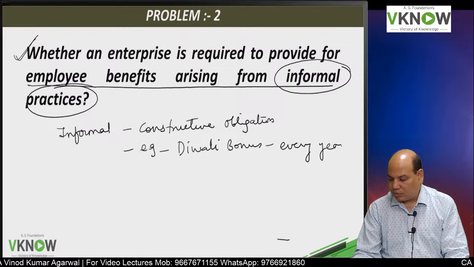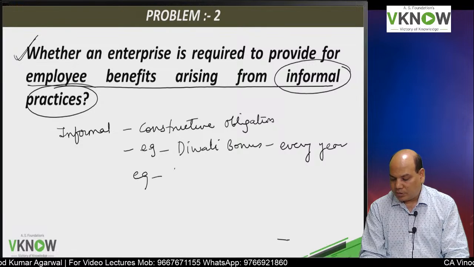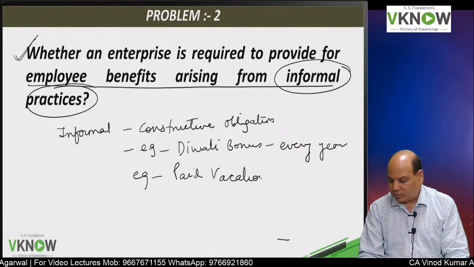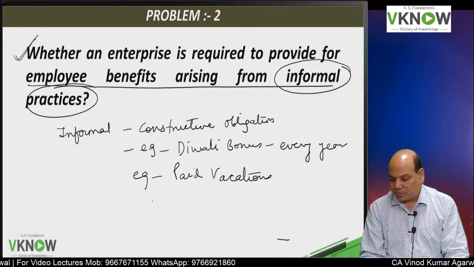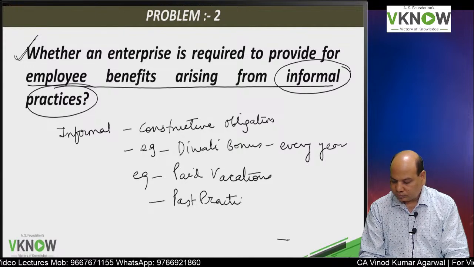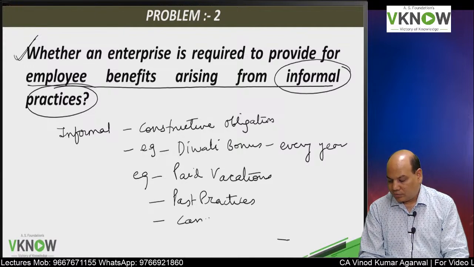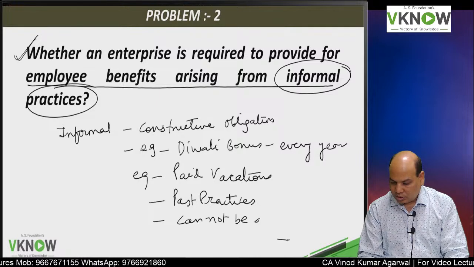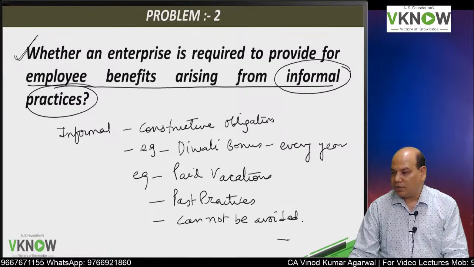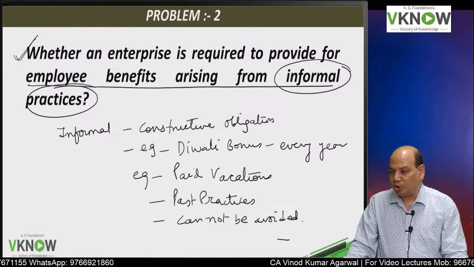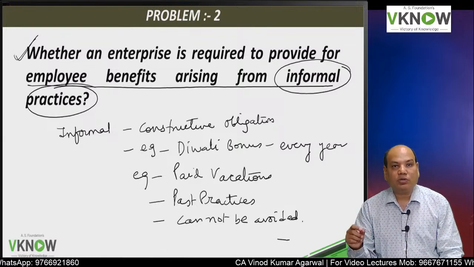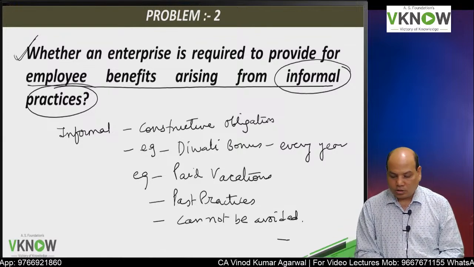It cannot be avoided. Or for example, paid vacations are given to employees, and it has become a past practice. It cannot be avoided. Hence, do informal practices also give rise to employee benefit obligation? The answer is informal benefit also gives rise to employee benefit obligation.